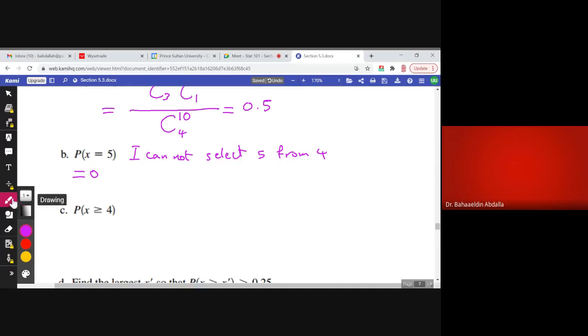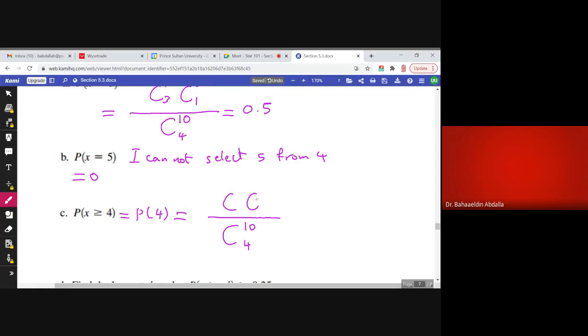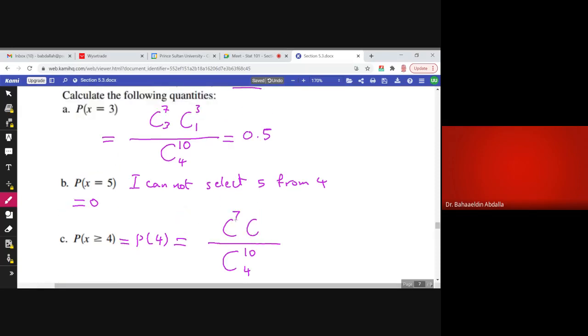Okay, what about the probability of x greater than or equal to 4? Well, I cannot select 5. So this would be the probability of just 4, because there is no more than 4. So what is the probability of 4? I have 10, 4, and 7, 3.